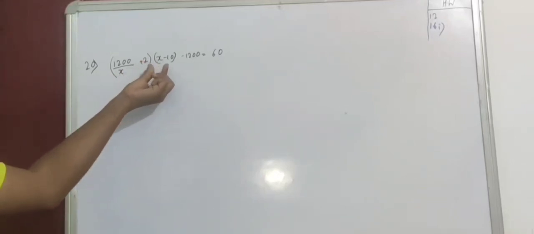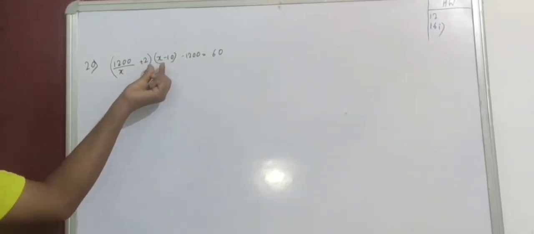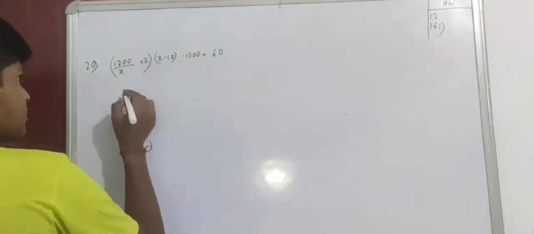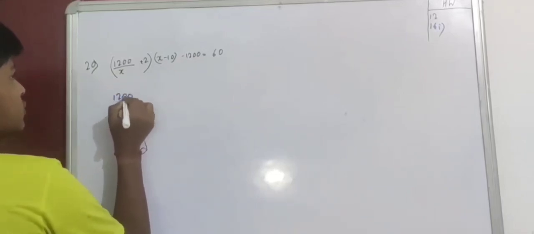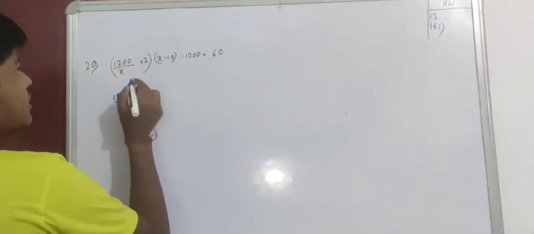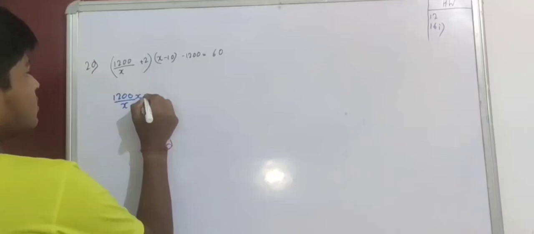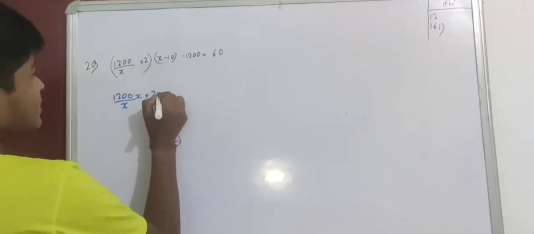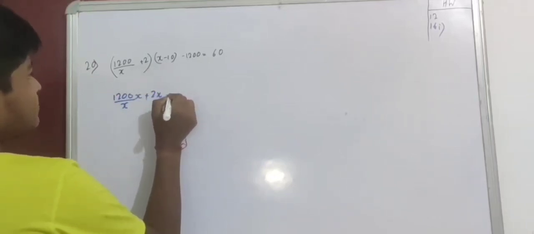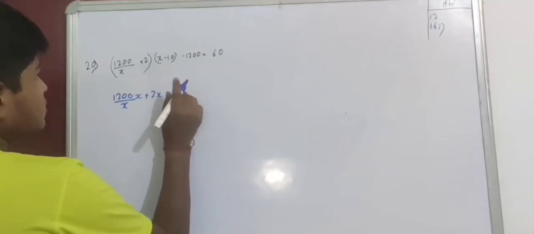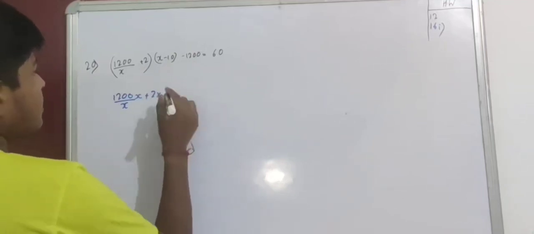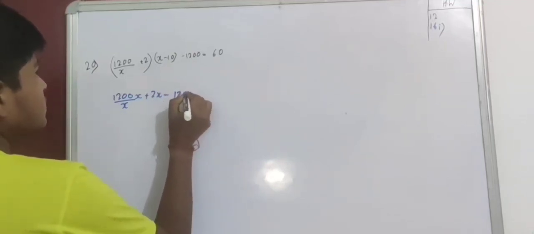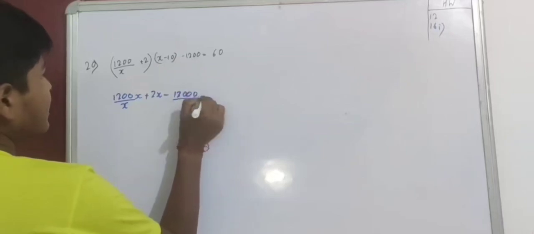Now in this question we have to multiply these two equations, that is 1200 by x plus 2 into x minus 10. So multiplying it, we have 1200 divided by x into x, then plus 2x, then 1200 into minus 10, so we have minus 12000 divided by x.